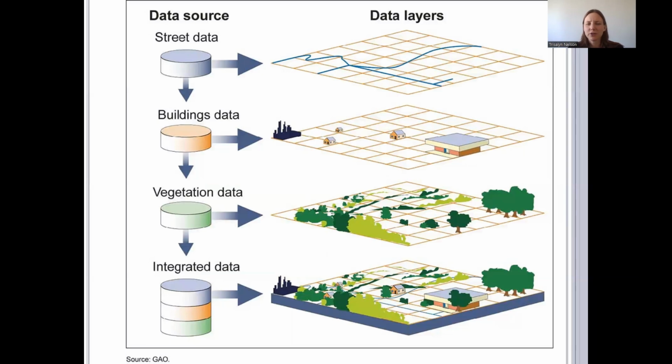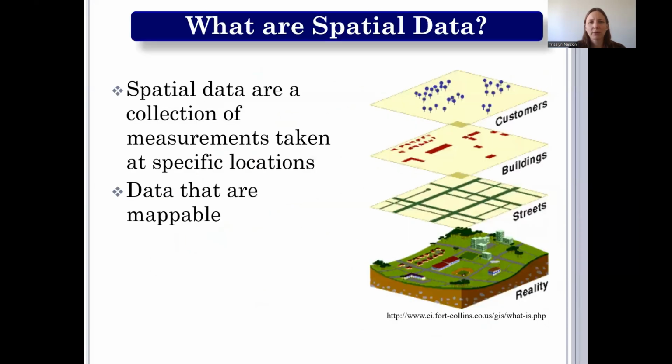So this is a classic view of GIS where you have multiple, what we sometimes call layers of data. We might have data on streets, buildings, and vegetation, and all of that can be integrated into something that allows you to understand the world around you in a more complex way.